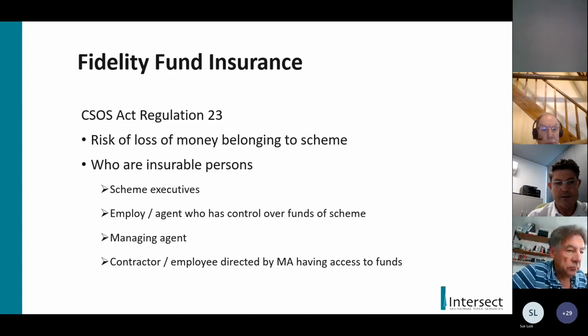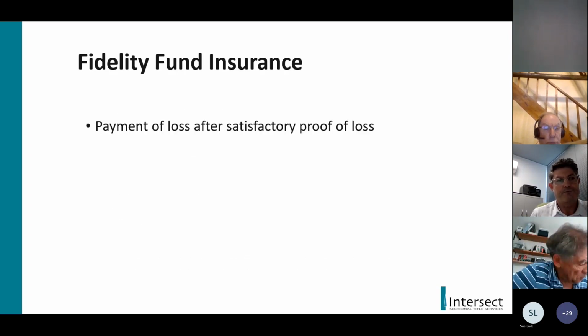To be honest, I've never seen a contractor or employee directed by a managing agent to have access to scheme funds, but that's what the Act states. So those are the potential insurable persons in this case.